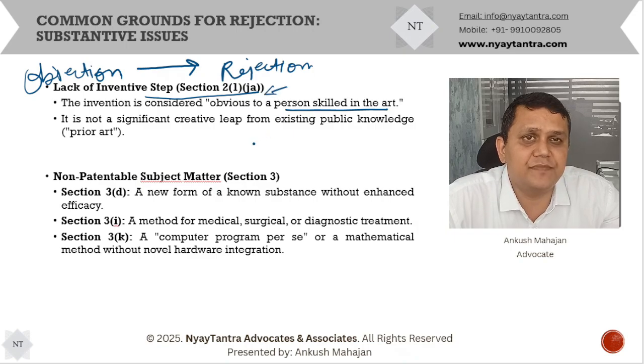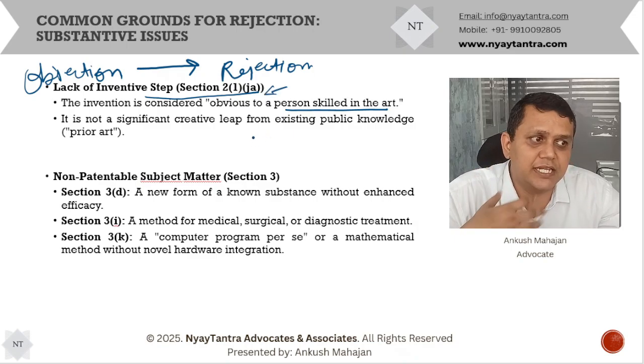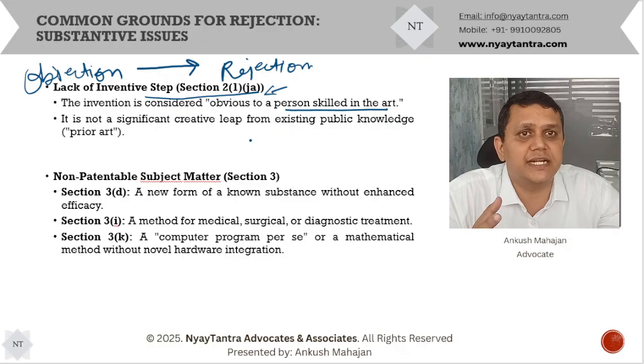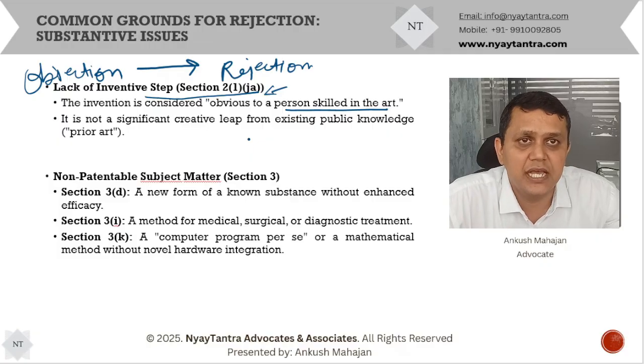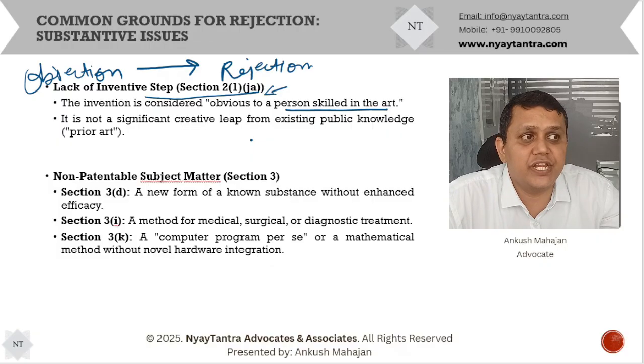What this means is, critically I generally communicate to the clients or to other stakeholders that the learned controller believes that somewhere down the line the wow factor is missing. And that's where we now need to get deeper into the legal technicalities to find out why the claims of my patent application satisfy the requirements as mandated by section 2(1)(ja) of the Indian Patent Act.